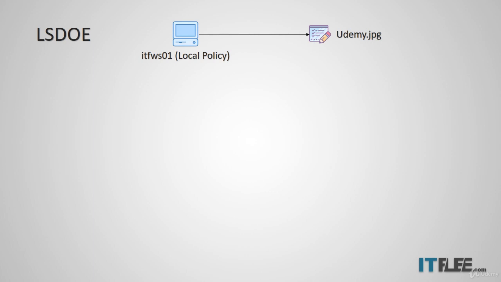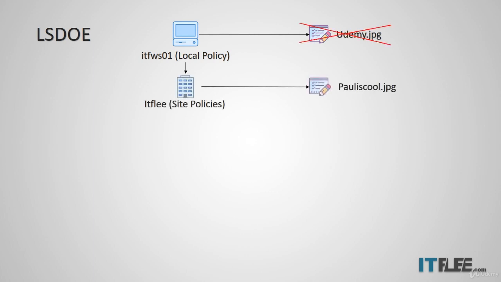But say another administrator comes behind and they add a site policy that configures pauliscool.jpg. We can remember that the S or site is the second item in the order of precedence, so pauliscool.jpg will take effect over udemy.jpg. So this desktop background will be assigned.